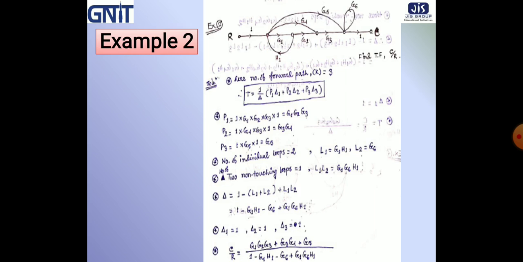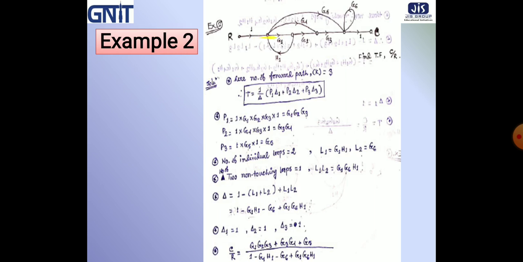So by using Mason's gain formula, transfer function T will be 1 by delta, P1 delta 1 plus P2 delta 2 plus P3 delta 3. Now what will be the value of P1? P1 means the transmittance of path 1.